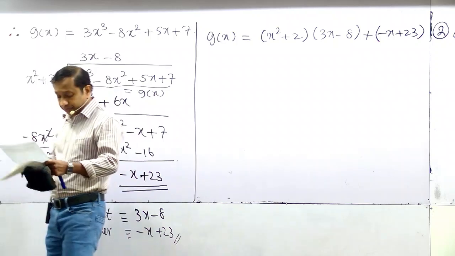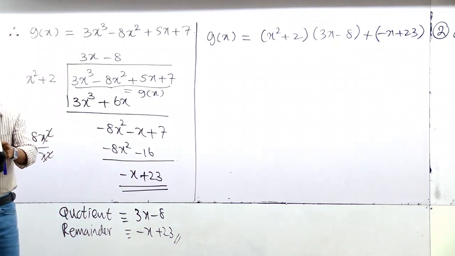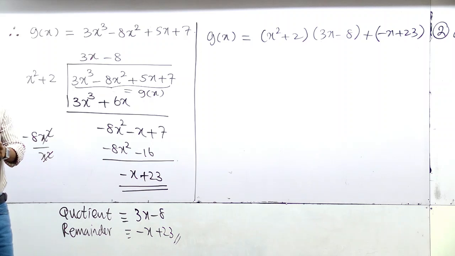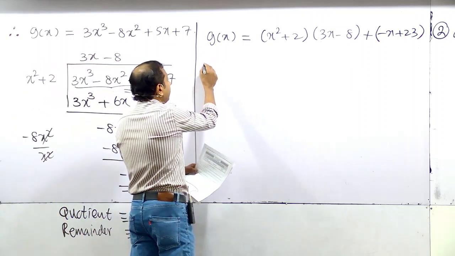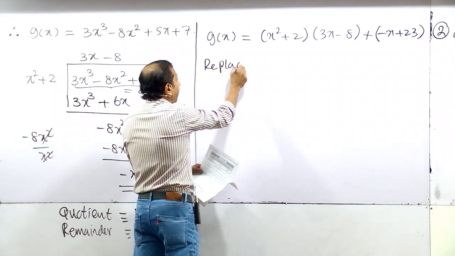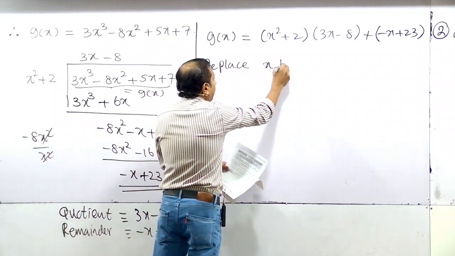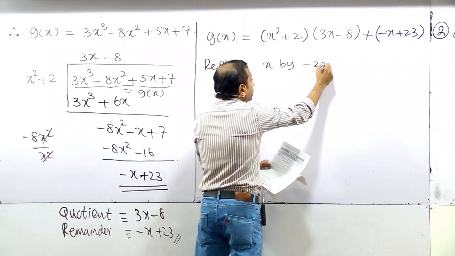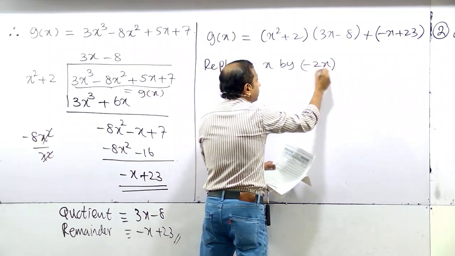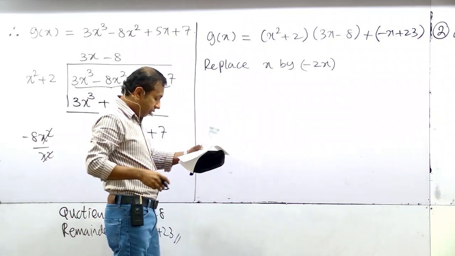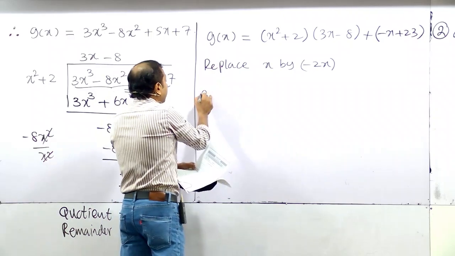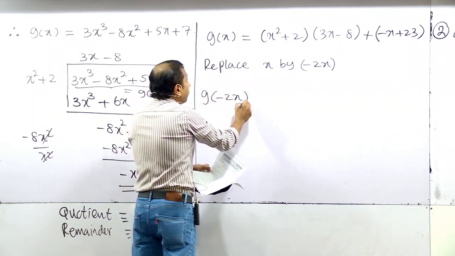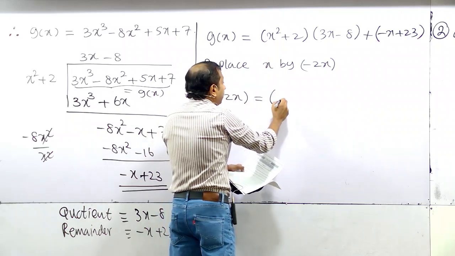Now what is asked? When g minus 2x is divided by 2x squared plus 1, what do we do? For every x on the left and right, replace x by minus 2x. See what happens. We get g of minus 2x here.